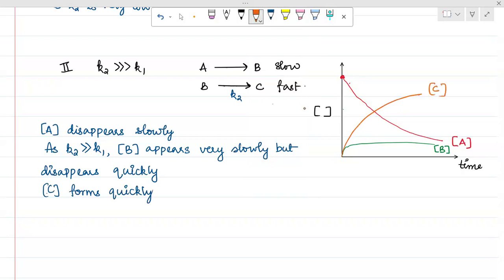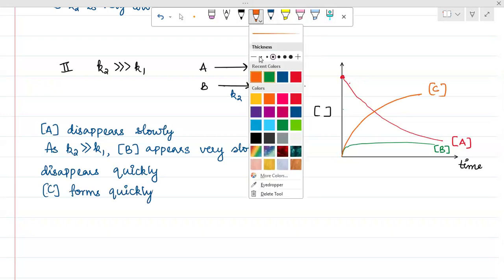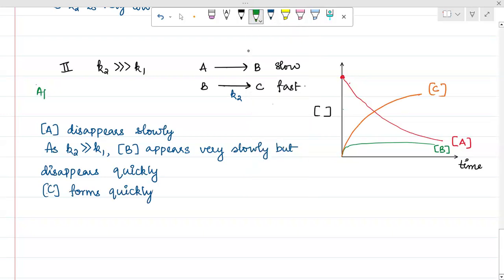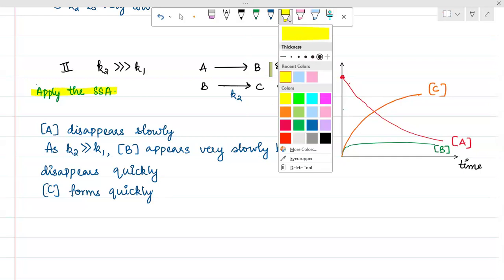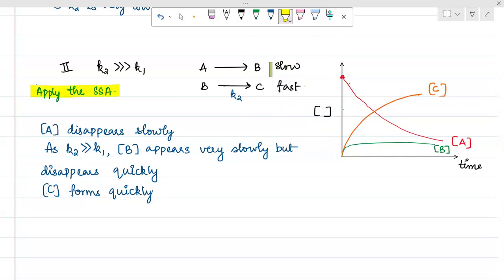Now, such conditions where the rate constant of K2 is greater than K1 is where you can apply the steady state approximation, SSA. Very important. Highlight, mark it as very important. These are the only conditions where you can apply the steady state approximation.